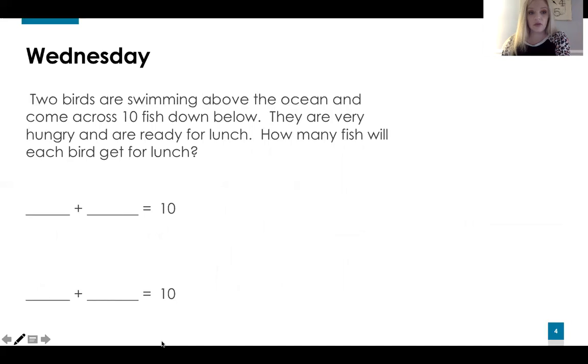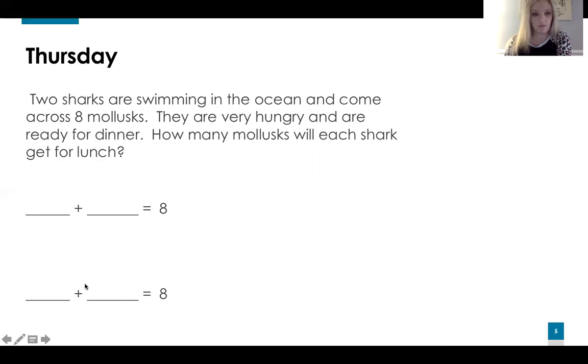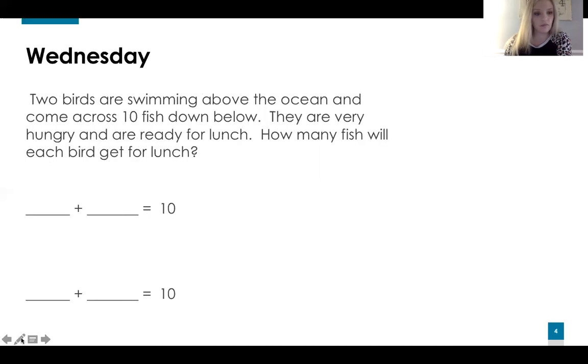So 2 birds are swimming in the ocean and come across 5 fish down below. They are very hungry and are ready for lunch. How many fish will each bird get for lunch? Okay, I'm gonna do the same thing. Get my pen, and I'm gonna draw, here's my first fish.